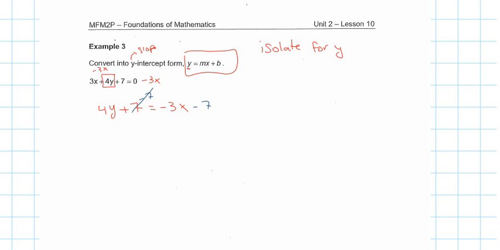So I have 4y equals negative 3x minus 7. Are we okay with this now? Okay, so I did the opposite operation for both the 3x and the 7. I subtracted 3x from both sides, and I subtracted 7 from both sides.